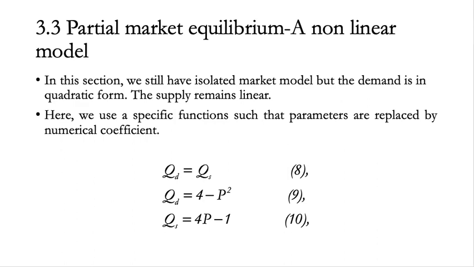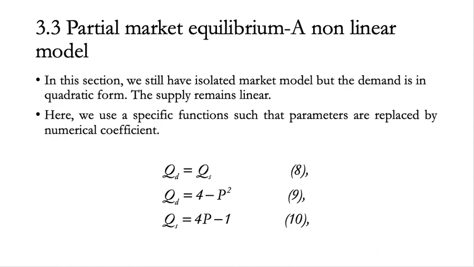We have seen a very simple example of equilibrium determination using a linear model. Now we want to extend the analysis further, make it a bit more sophisticated by having a nonlinear model. In fact, in reality, not all things are linear. If it is linear all the time, then life is so smooth, you don't feel any obstacles and challenges.